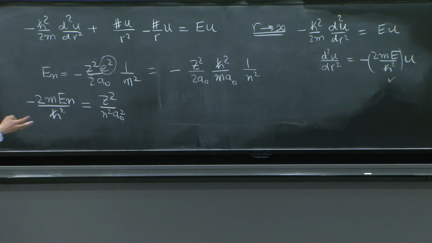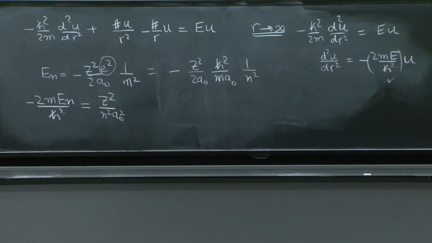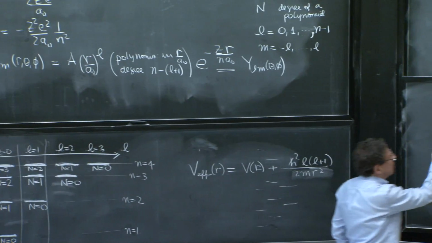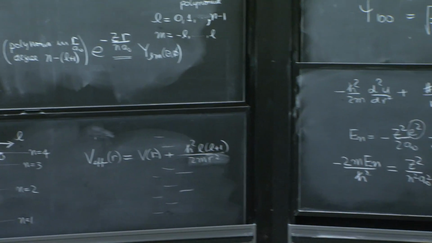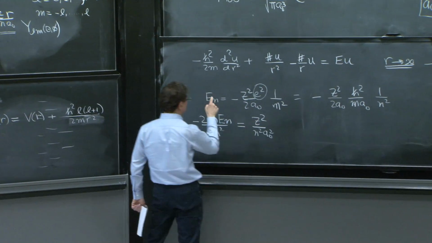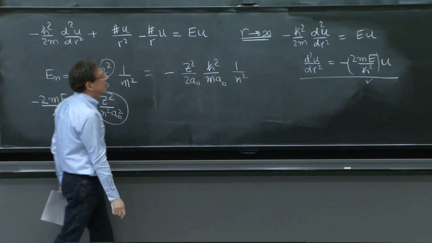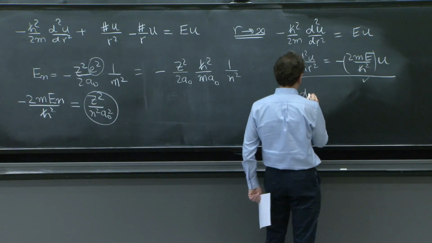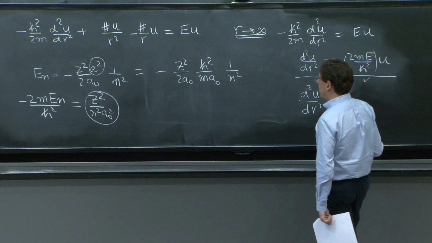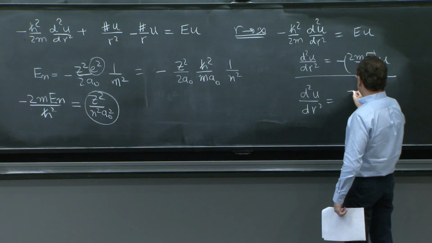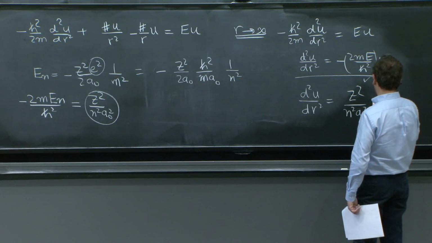So what are we trying to get? We want to understand immediately where this came from. And we see it can come from the asymptotic form of the differential equation for a solution. So I calculate the value of the right-hand side, which is this. And therefore, this differential equation now looks like the second derivative of u with respect to r equals z squared over n squared a naught squared u.